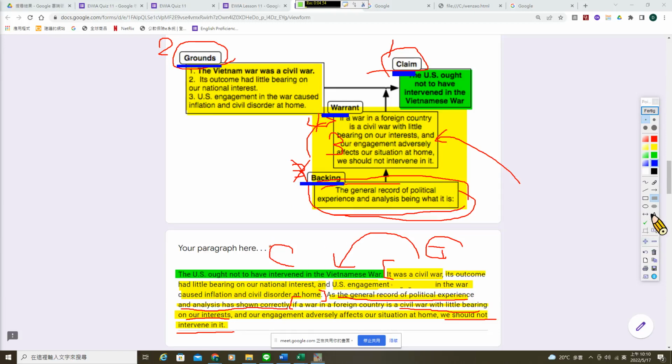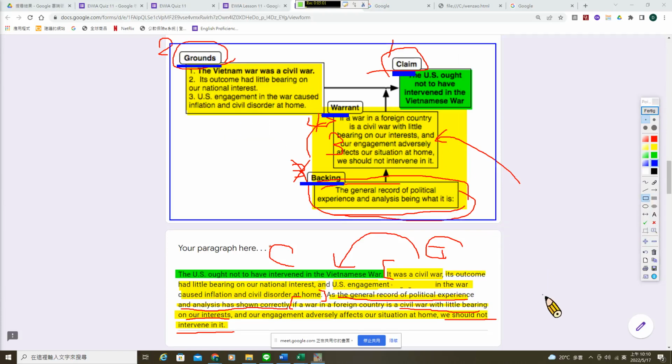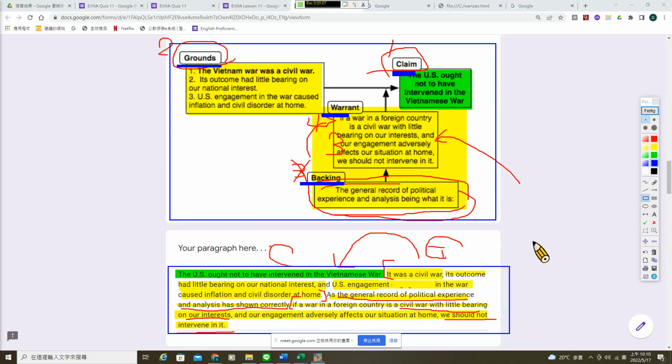So here we have accomplished another set of the argumentation model, and we use this model to write a paragraph, something like this. I'll give you 2 minutes to compare notes, and later we will continue to the next chart.